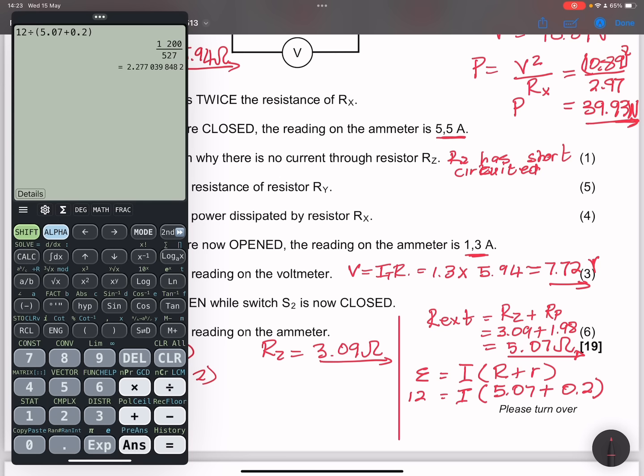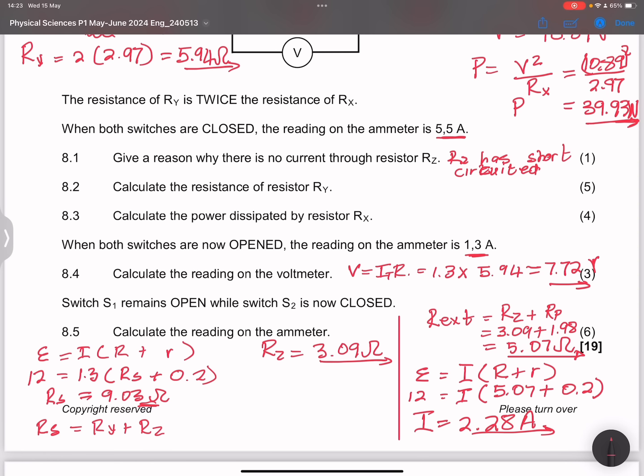And in this case we get the current to be equal to 2.28 amperes.